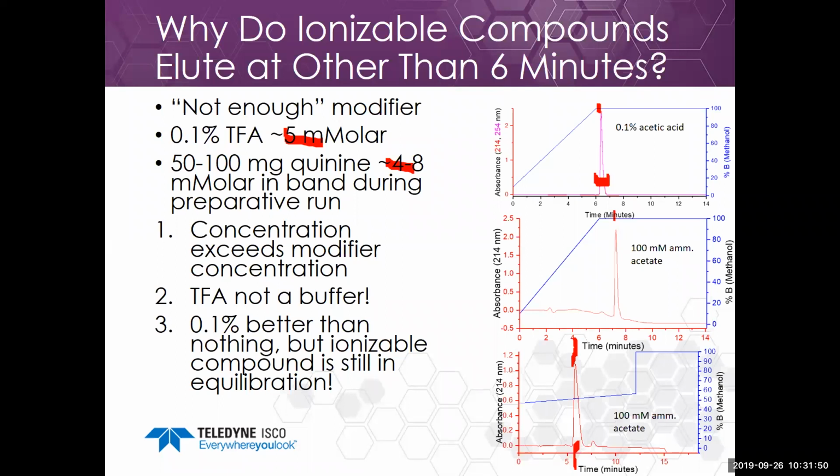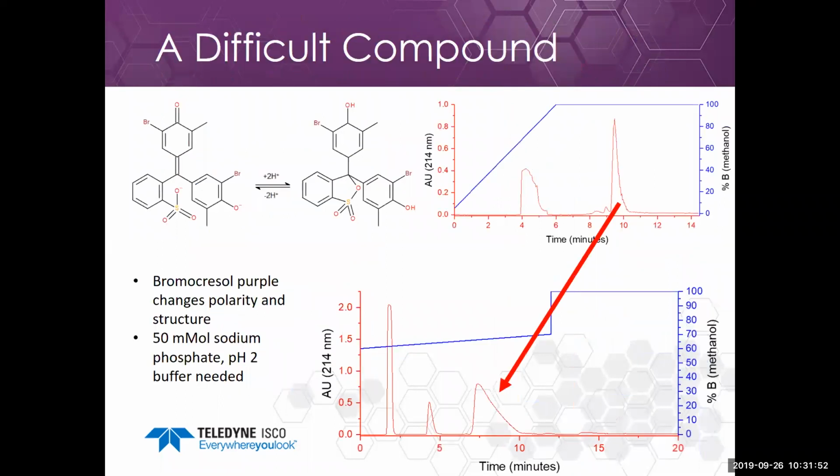We have a compound that's a bit more difficult to purify over here. We have bromocresol purple. Not only does it change its polarity, but it changes its structure such that this very, very polar sulfonic acid becomes a relatively very nonpolar sulfone ring over here. And we found that we could not use 0.1% acid to purify this compound.